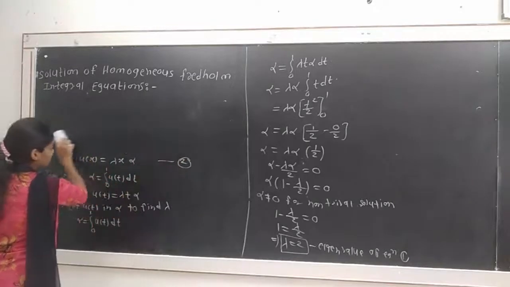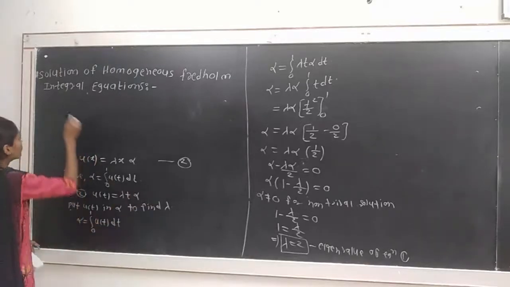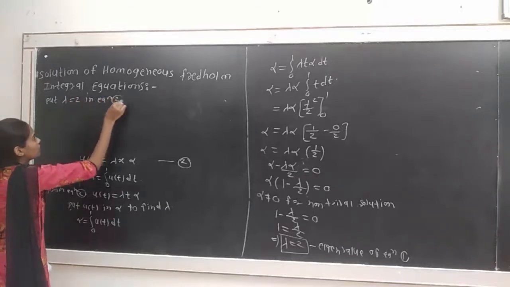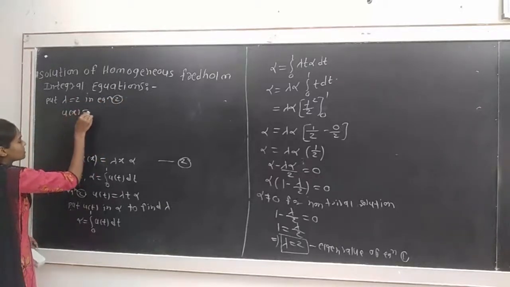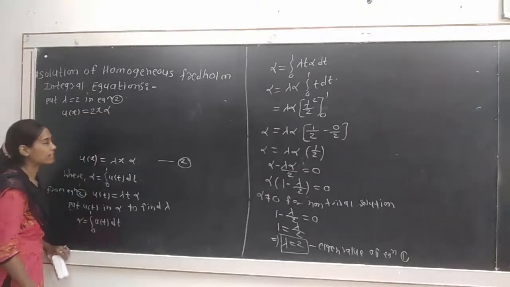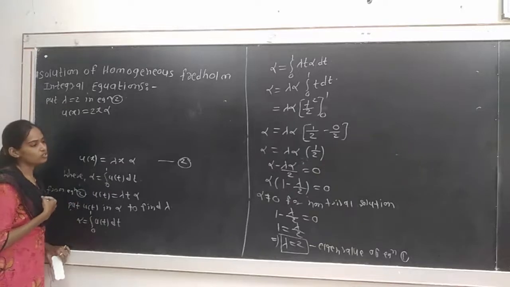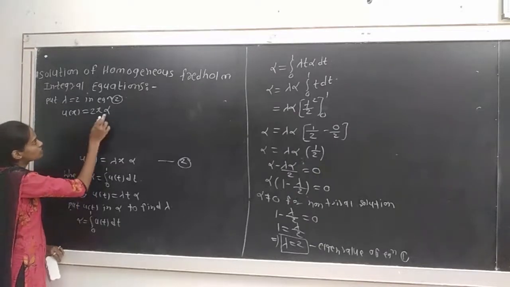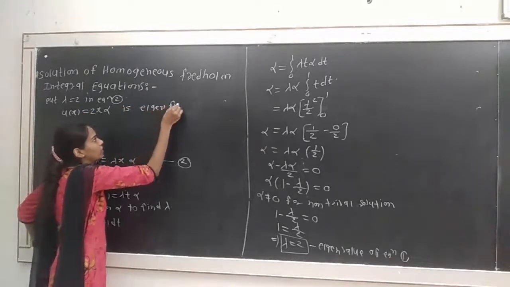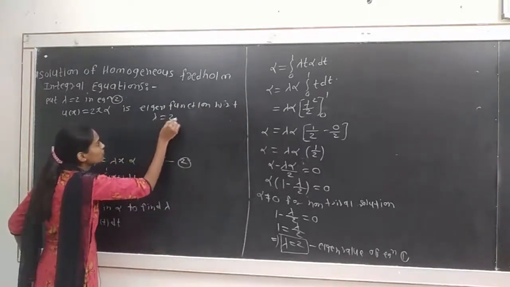So we get u(x) equal to 2xα. α will be as it is, that is a non-zero arbitrary constant. We can take any non-zero arbitrary constant. So u(x) equal to 2xα is the eigenfunction with respect to λ equal to 2.